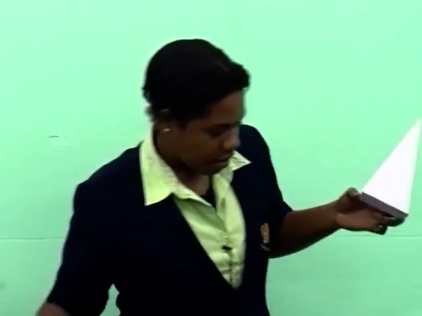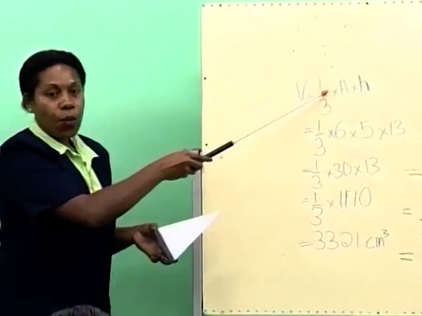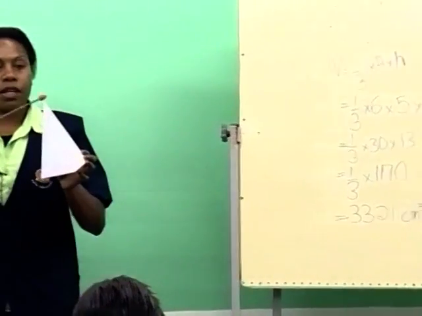Any solid shape that has an apex, the formula will always start off with 1/3. For example, if you look at the volume of the pyramid, the volume starts off with 1/3 because of the apex.